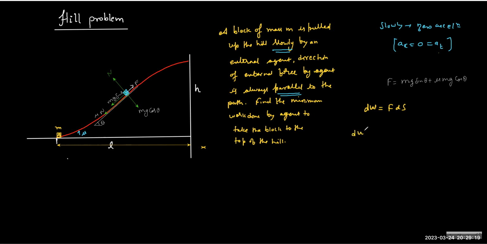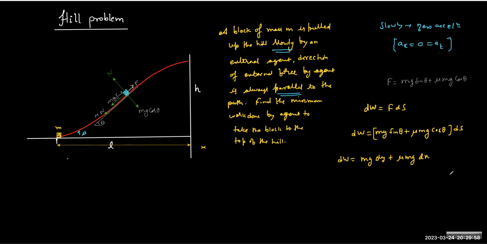So here comes the interesting part. So you have to write like this, which is mg, and further you have to think this way, that ds sine and ds cos will become dy and dx. So that is the beauty, the mg and the ds sine theta will become dy and mu mg dx.